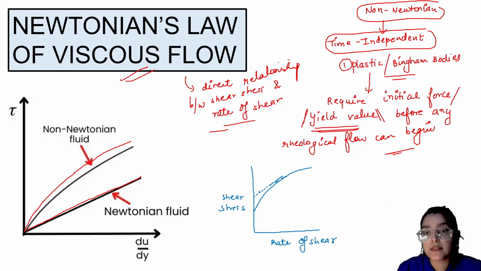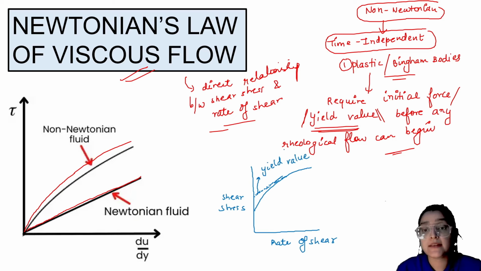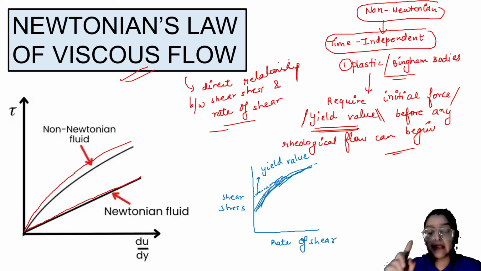Okay, so this right here, this is the yield value, which is the initial force required so that any actual flow can start. Okay, this is in the case of the plastic systems only. Okay, students, I hope you have got my point. You can see the plot and you can see the yield value.